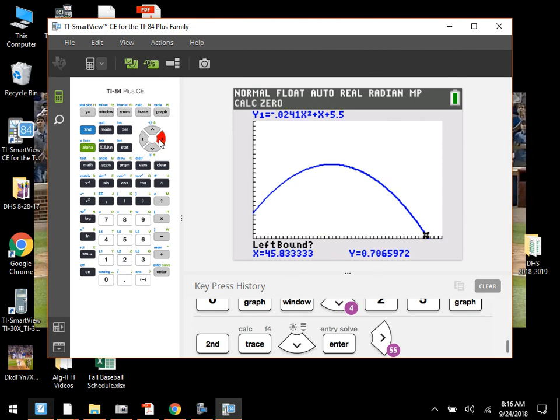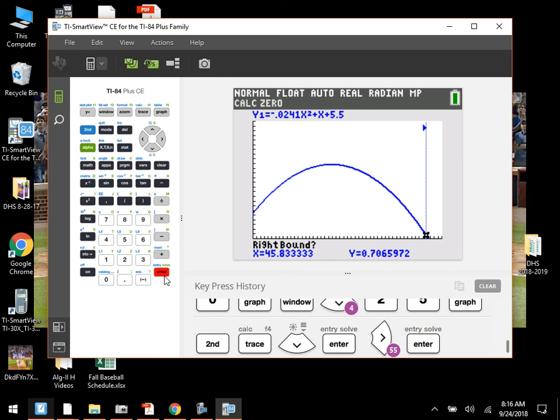Now, we all agree that the value of y at some point is going to go negative when it crosses the axis. So what we do is put a left boundary very close to 0, hit enter, and then it asks for a right boundary. What's happening here is you're figuring out left of where it crosses and right of where it crosses.